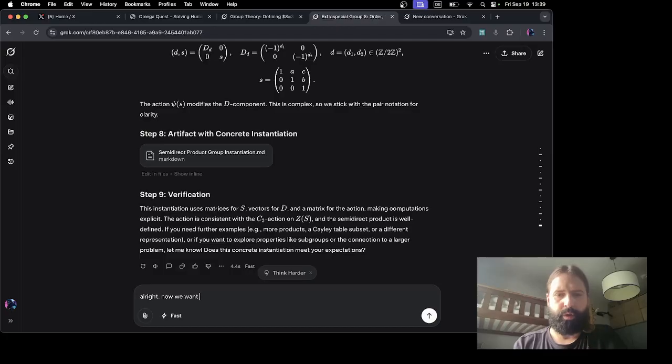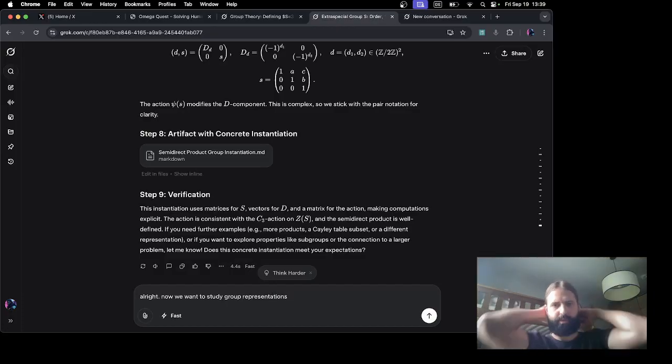Now we want to build a group algebra, or now we want to study group representations.